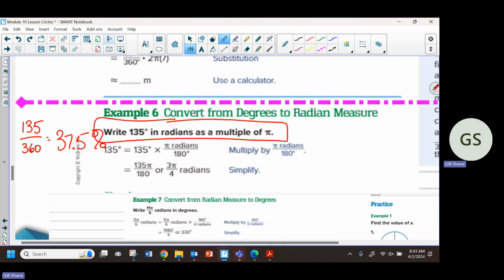Now then we have to say, all right, if that's how much of the circle, how many radians would that be? Well, it's the same thing. It is part of a whole. What is the whole circle in radians? If you didn't write that down, you need to write it. I didn't really emphasize it. I should have.